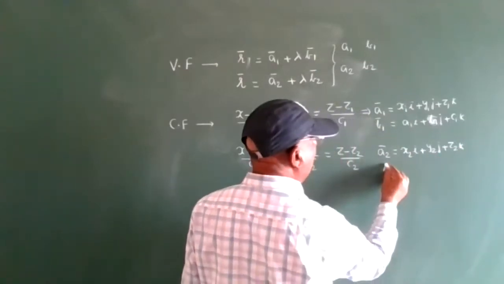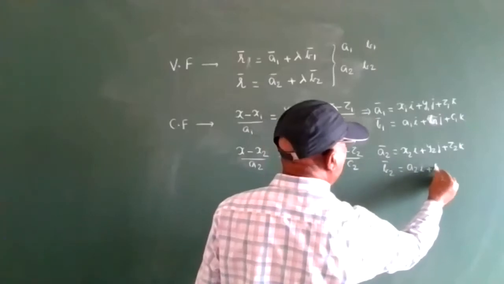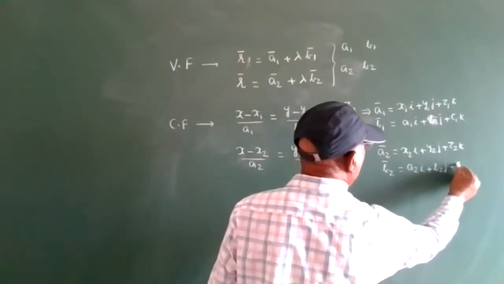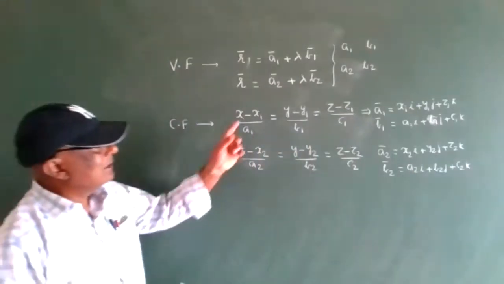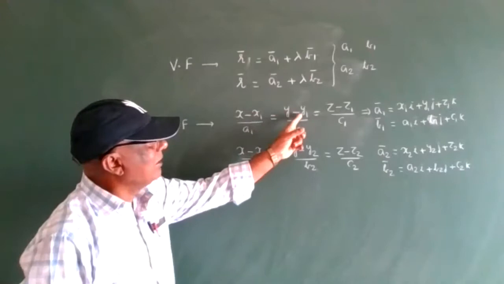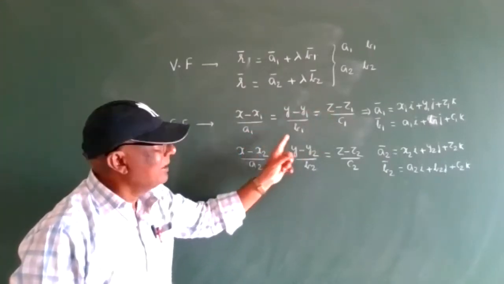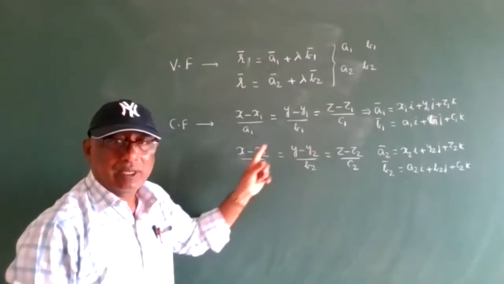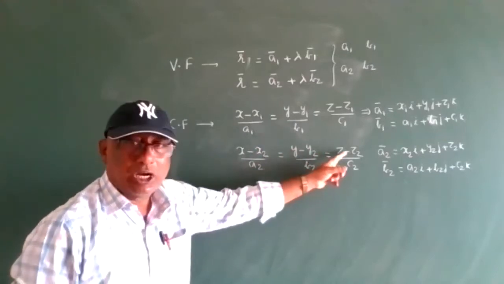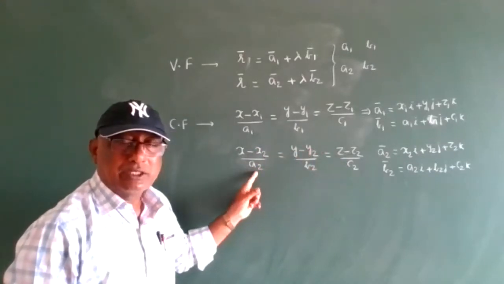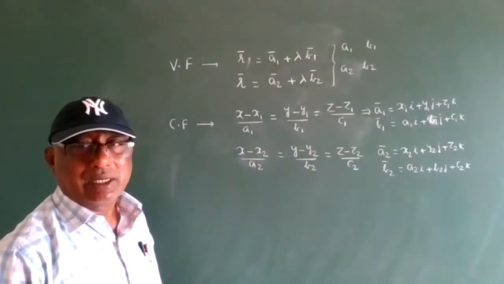B2 bar is equal to a2i plus b2j plus c2k. Observe: A1 bar is x1, y1, z1. B1 bar is the DRs a1, b1, c1. A2 bar is x2, y2, z2. B2 bar is a2, b2, c2. Is it clear, everyone?